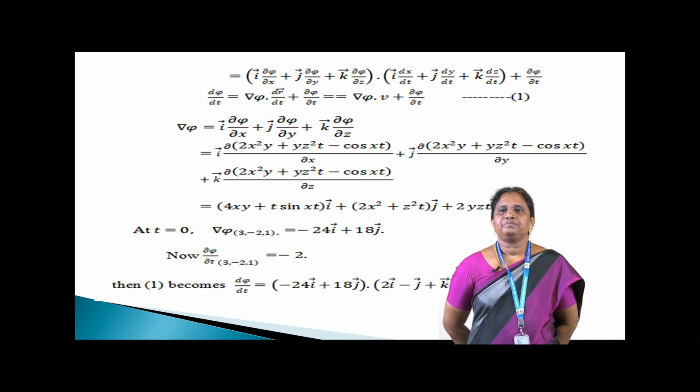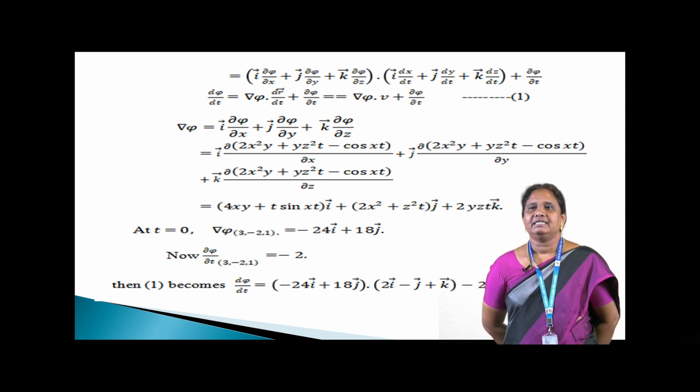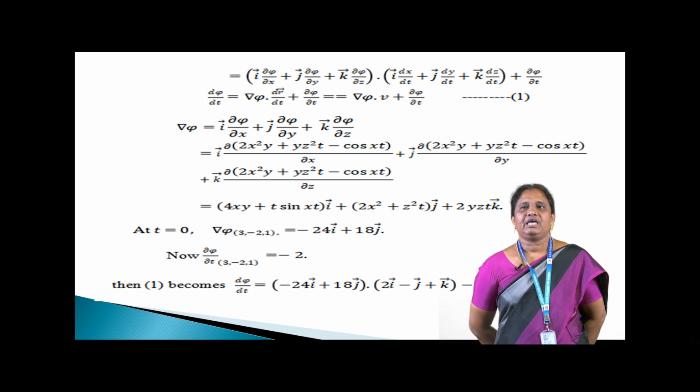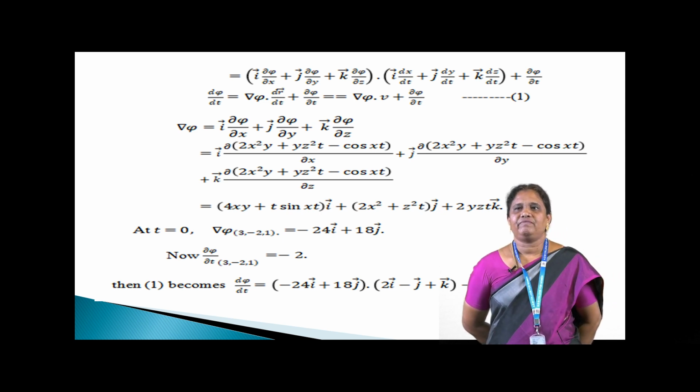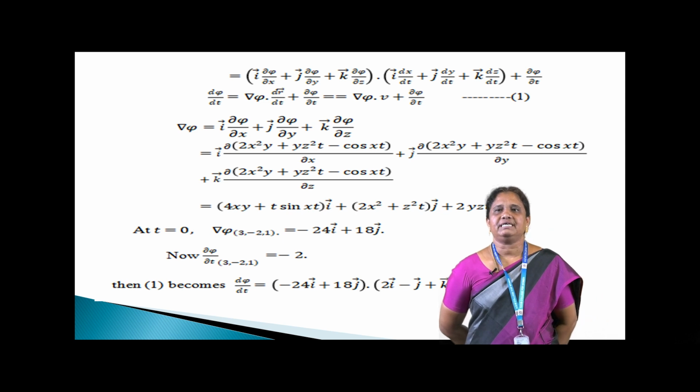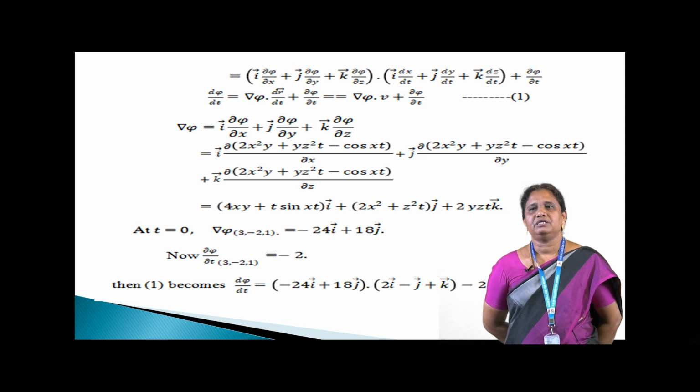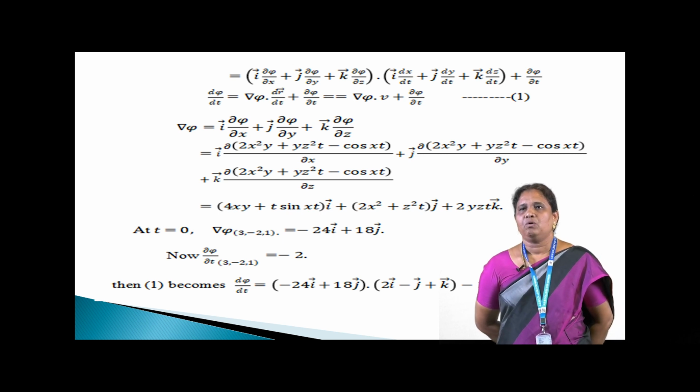Now in place of dr vector by dt, we can replace it with v, that is, velocity v is equal to the differentiation of r with respect to t. Therefore, we can write the equation as del phi dot v vector plus dou phi by dou t. Consider this equation as 1.